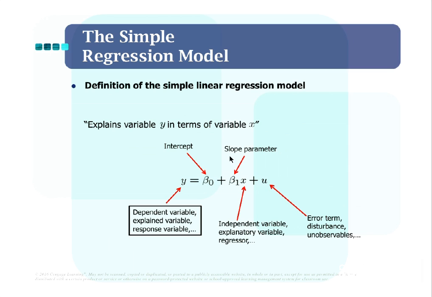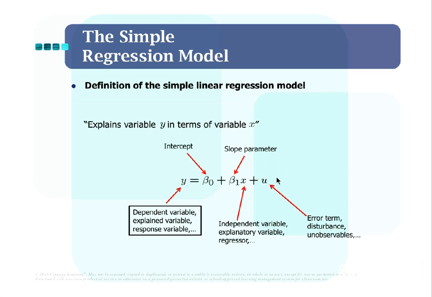So we don't know the value of these two parameters, so we use statistical method to infer or to estimate the values of these parameters with data. And this u here includes all other terms that affect y.